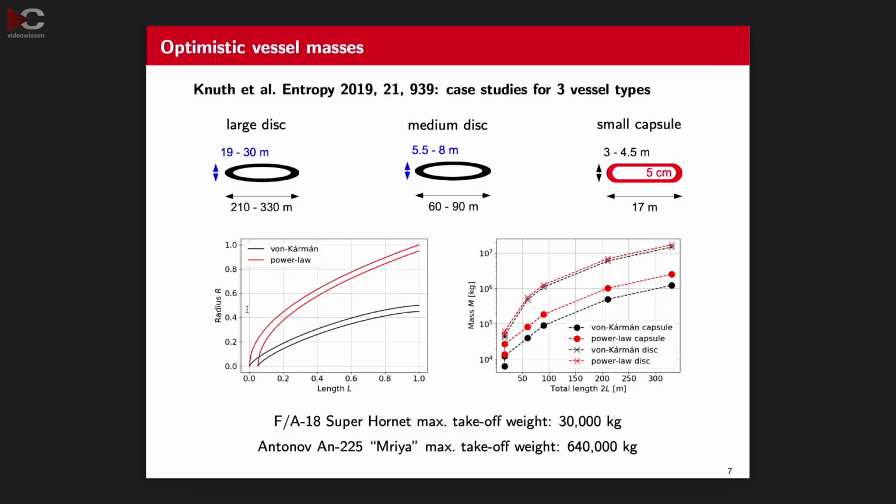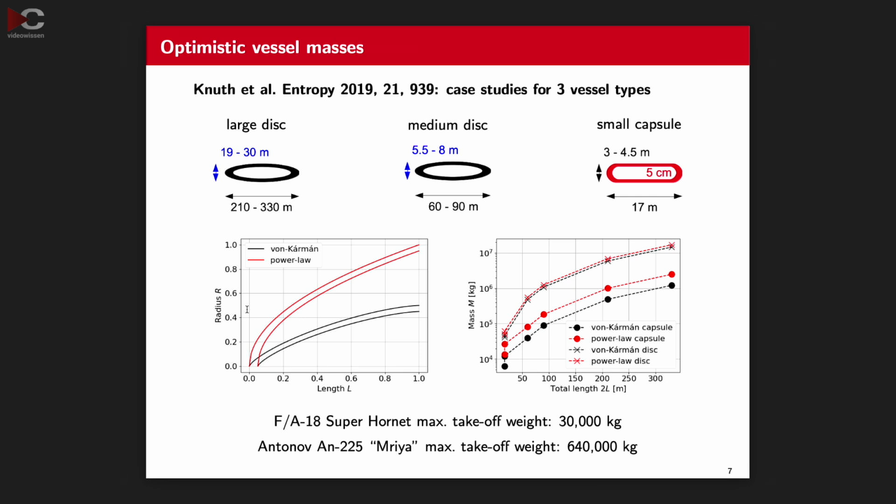In order to do so, I would like to discuss 3 vessels that have actually been observed and which are discussed in the paper by Kevin Knuth and colleagues in the journal Entropy from 2019. He describes different encounters of human beings and UFOs.